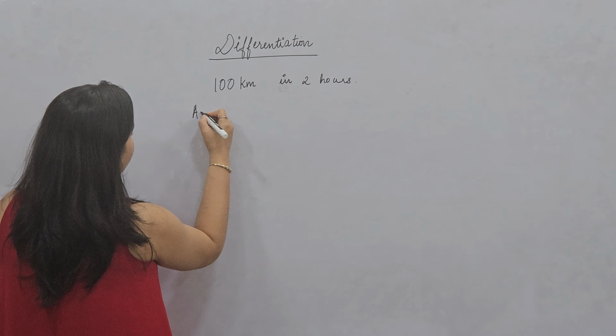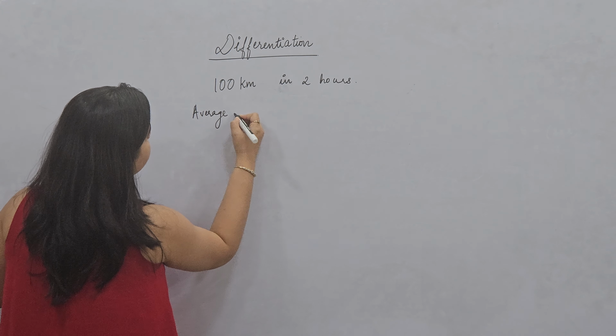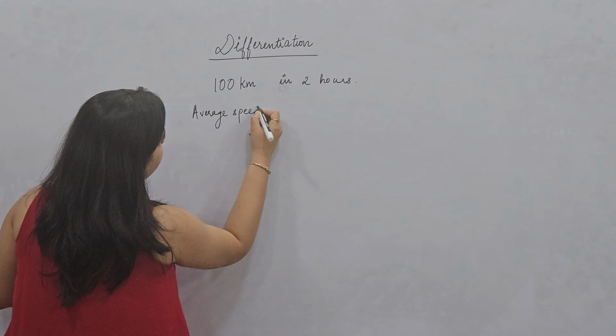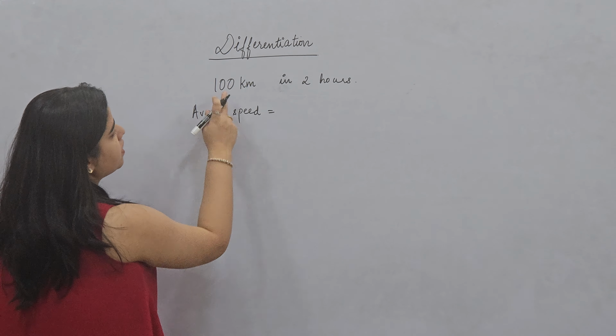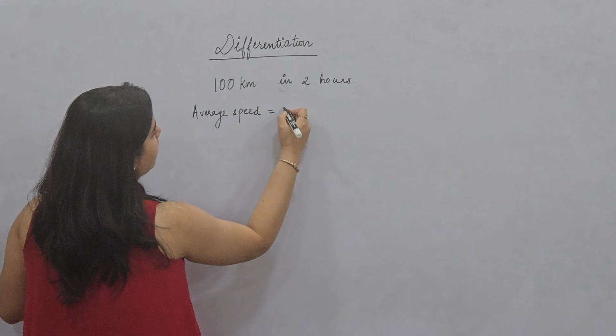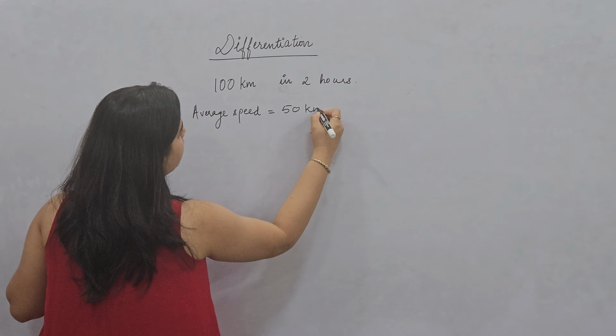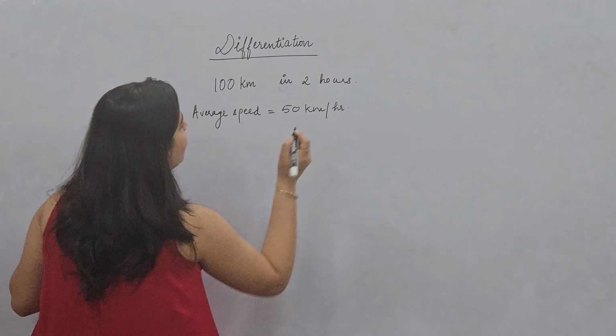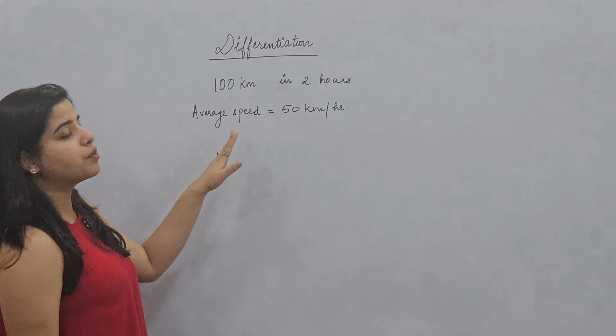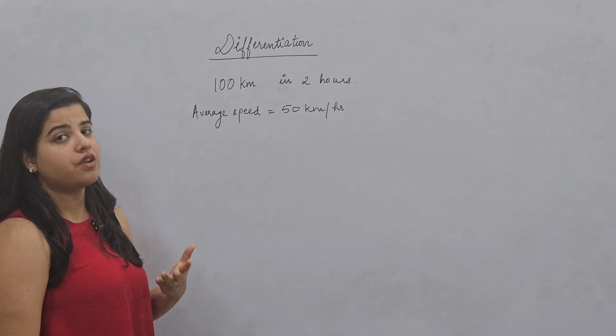So what is the average speed of this person? We know that average speed is calculated by the total distance covered upon total time taken. So it will be 50 kilometers per hour. Now we can say that the average speed of the person is 50 kilometers per hour.